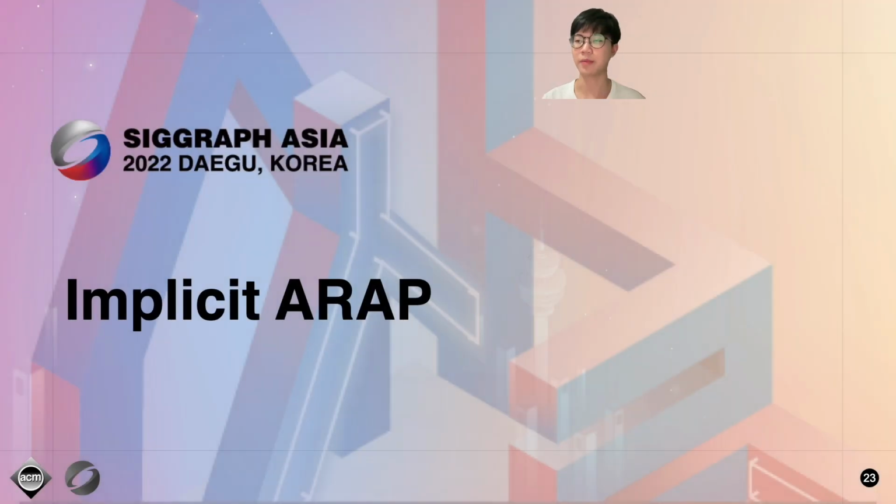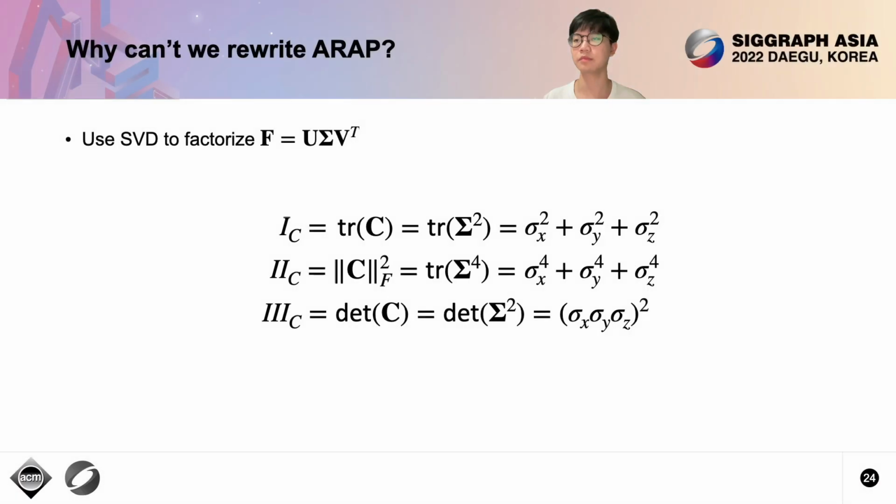Now, I'm going to describe the details of how we rewrite ARAP in terms of the Cauchy-Green invariants using an implicit formulation. To understand why we can't rewrite ARAP using Cauchy-Green invariants, we first use SVD to factorize the deformation gradient to understand what those invariants are doing in terms of the singular values.